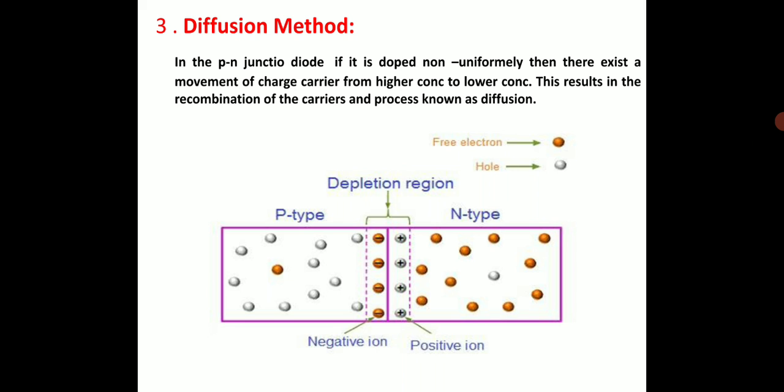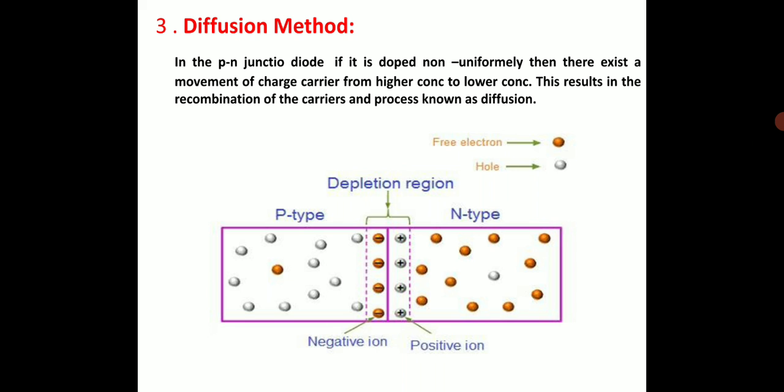This is the diffusion process, the movement of charge carriers from higher concentration to lower concentration. This results in the recombination of charge carriers: electrons from the N region diffuse into the P type and recombine with holes. There is accumulation of negative charge, or electrons, in the P region, and in the N region accumulation of holes or positive ions.